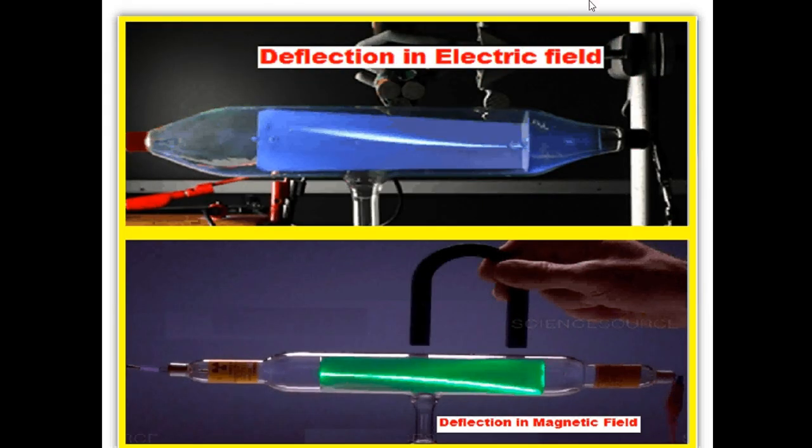In this light, you can see the deflection of cathode rays in electric field. While in this picture, the magnetic field is applied externally, and as a result, the cathode rays are deflected.